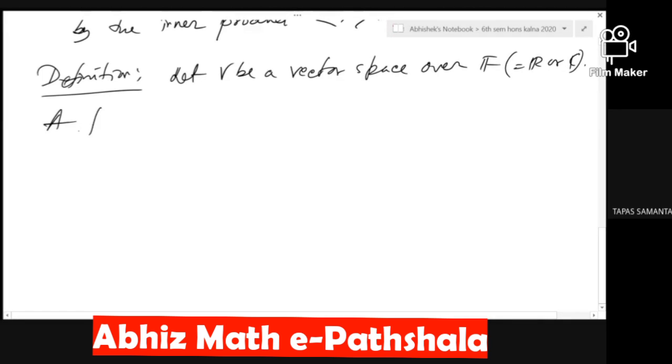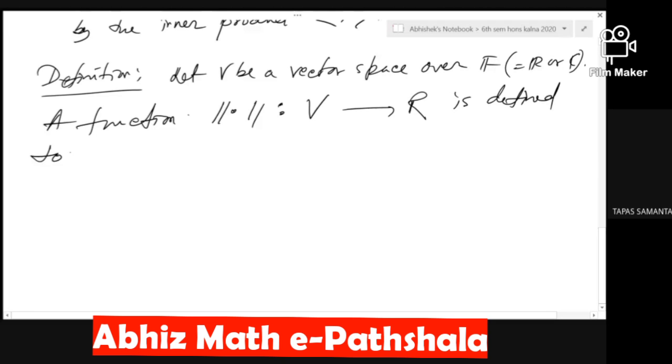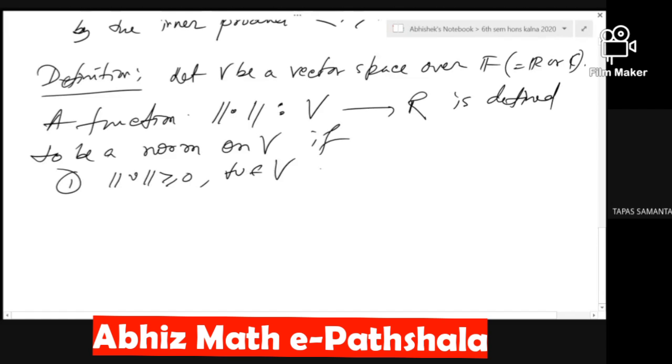A function, denoted by this, from the vector space V to R is defined to be a norm on V if it has: number one, norm of v is greater than or equal to 0 for all v belonging to capital V, and norm v will be 0 if and only if v equals theta.